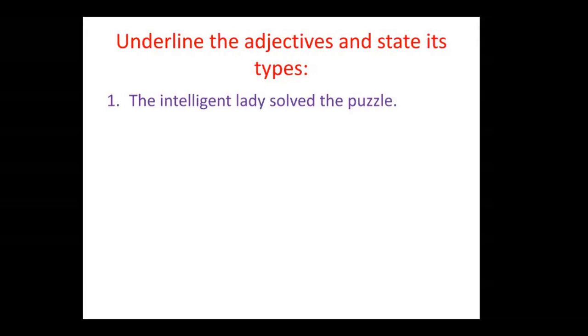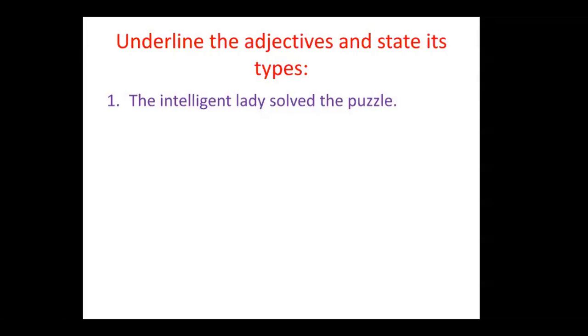Can anyone tell me which is the adjective here? Students, you can unmute your mic and answer. Which word is the adjective here? Intelligent. Very good. Can you tell me which type of adjective it is? Quality. Yes, very good.